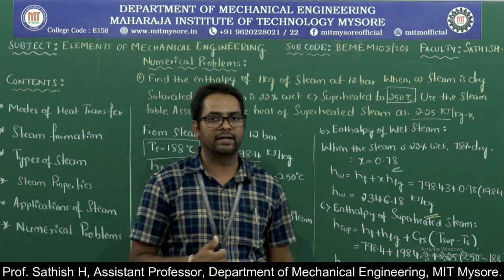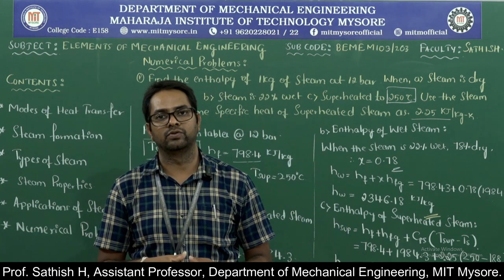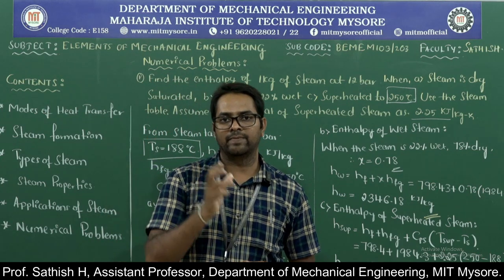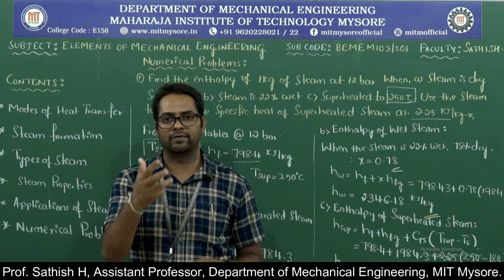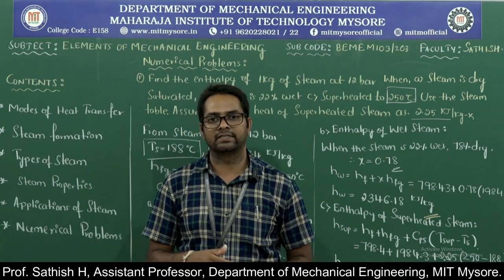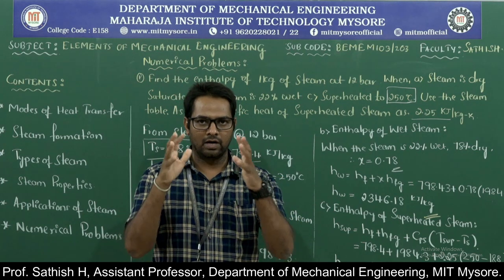In this way, we can find out whatever unknowns are asked in the problems. The very important thing is we have to remember all those formulas that we have given in the earlier contents. That is the properties of steam. In the properties of steam, you should remember all the formulas.